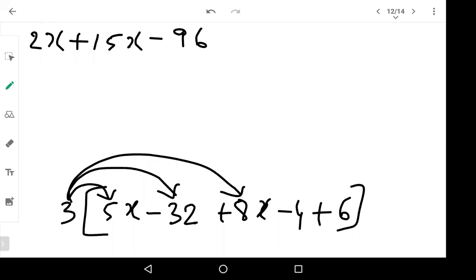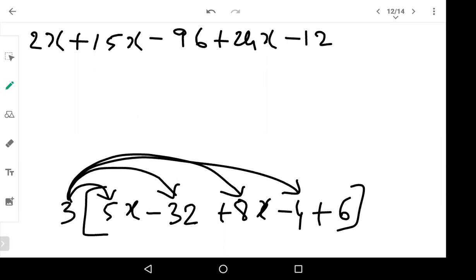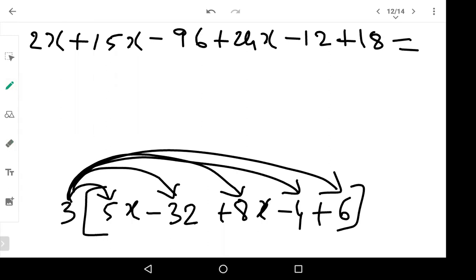It is plus, so plus 24x. Then 3 into minus 4. 3 fours are 12. So minus 12. Sorry, do we have x? No, there is no x. Okay. Next, 3 into 6. 6 threes are 18, plus 18. Everybody understood the LHS part?